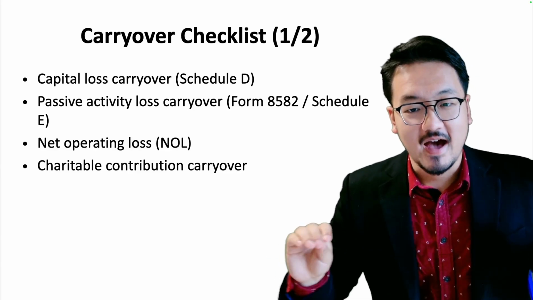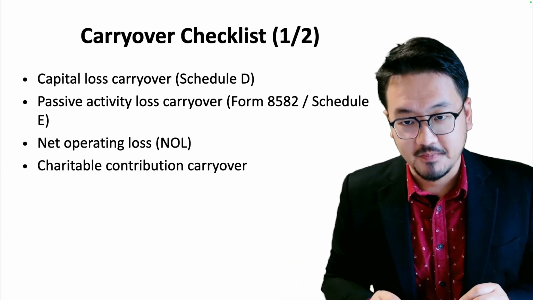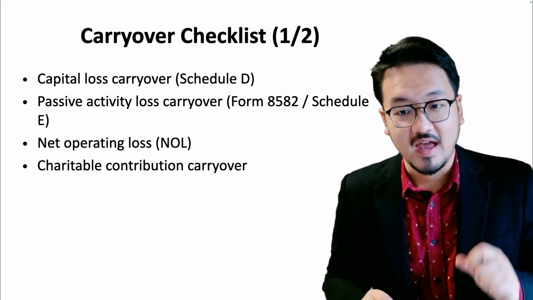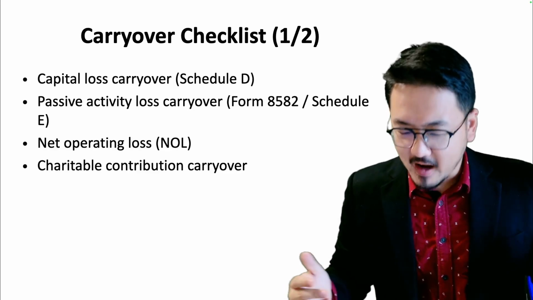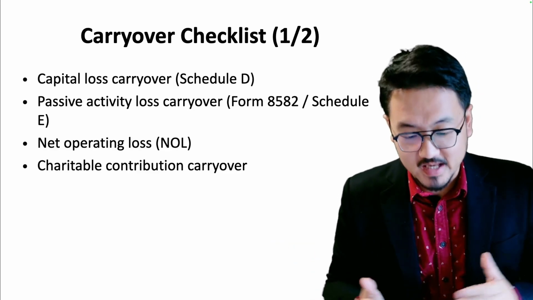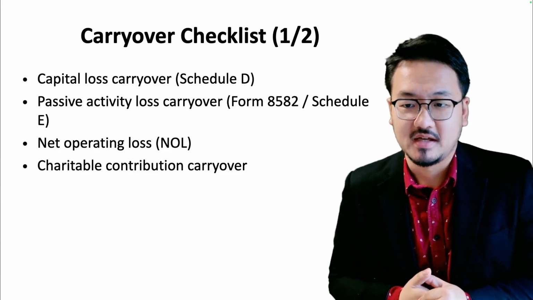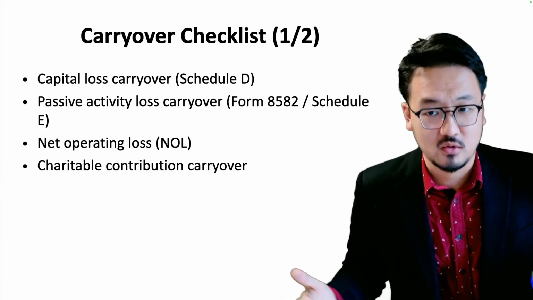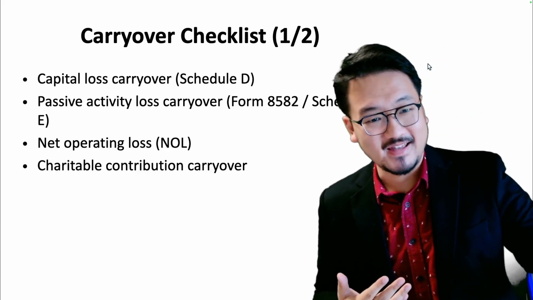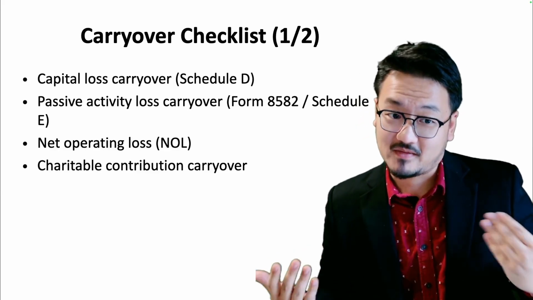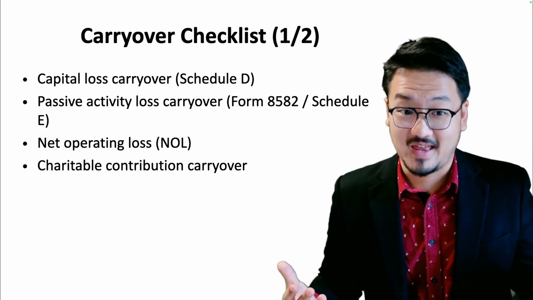And of course, there is the passive activity loss. That's Form 8582, Schedule E. As the name suggests, it's passive activity loss. Say you've got rental activity, or a K1 loss. That's passive. There's passive income as well as passive loss if you've made wrong investments.